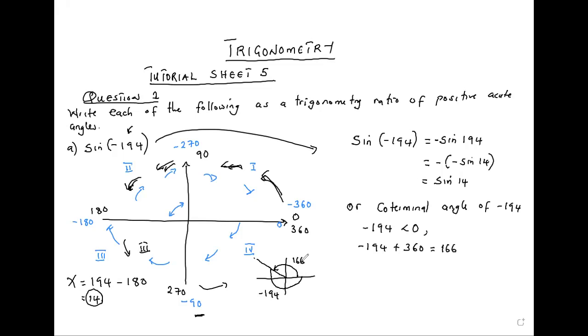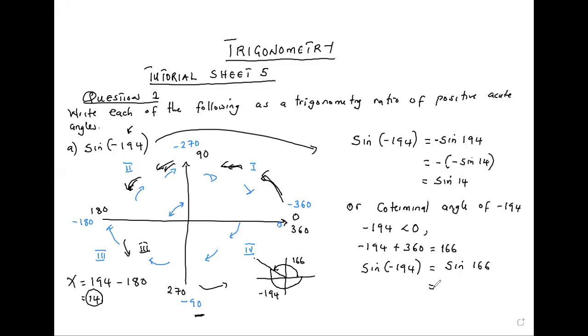So we are saying sine negative 194 is equal to sine 166. Now 166 is not an acute angle. So because it's not an acute angle, let's get its reference angle. 166 is in the second quadrant.